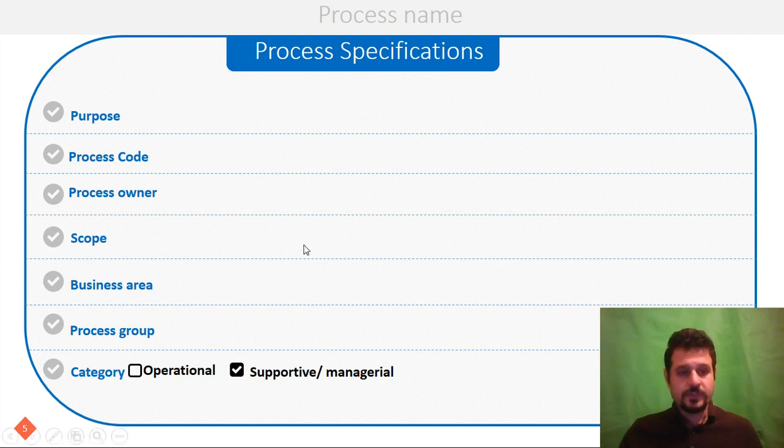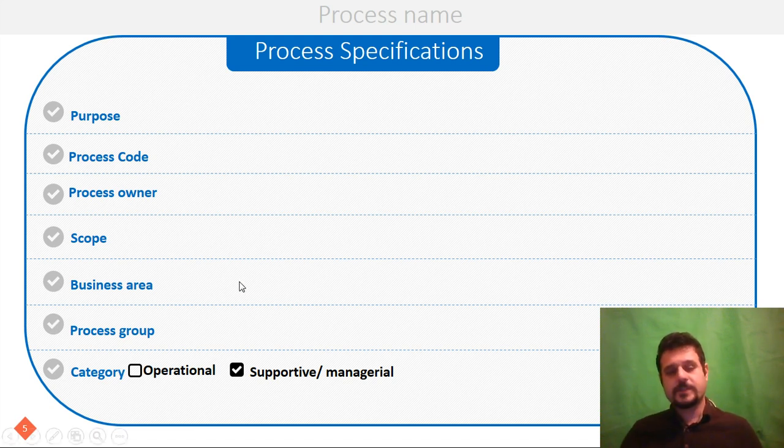So we should determine the scope here by writing the role in our organization that can participate in or use these processes. We write the role of them, or the name of the business function, business unit here. The next is business area.